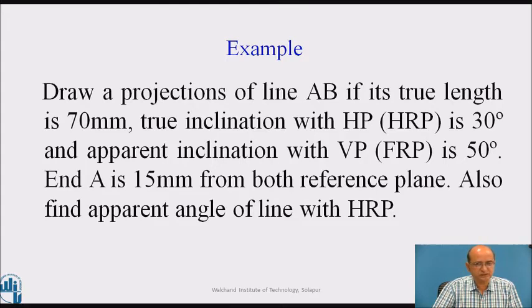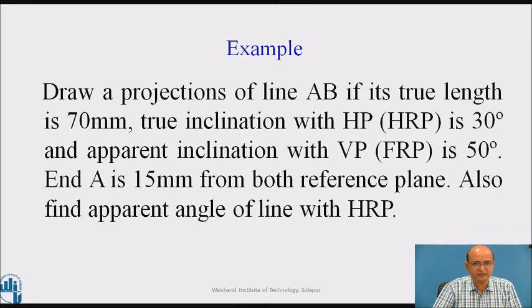So the question is, draw the projections of line AB if its true length is 70 mm, true inclination with HP (in brackets HRP, because HP and HRP are one and the same, that is the horizontal plane, or we call that a horizontal reference plane) is 30 degrees, and apparent inclination with the vertical plane, that is the frontal reference plane, is 50 degrees.